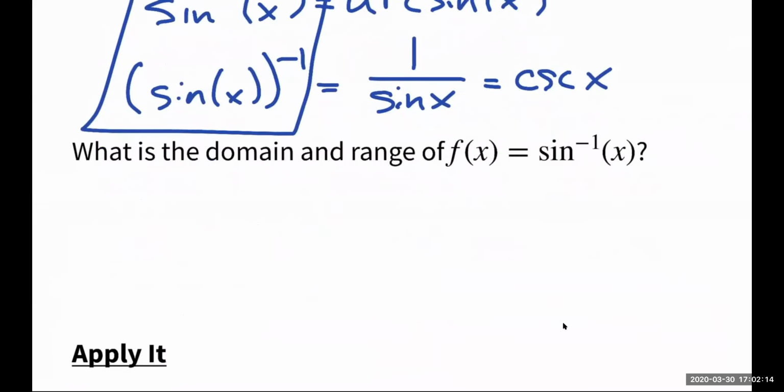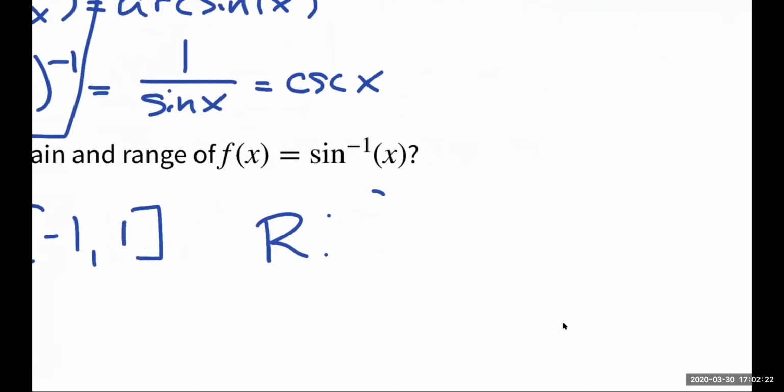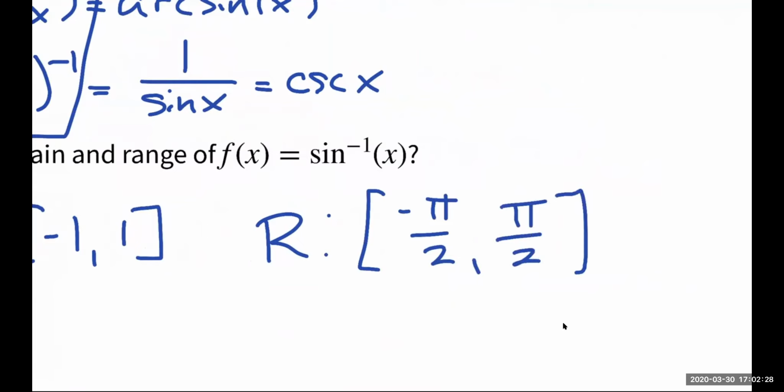All right, let's talk about domain and range. The domain is -1 to 1 inclusive. The range is negative pi over 2 to positive pi over 2 inclusive.